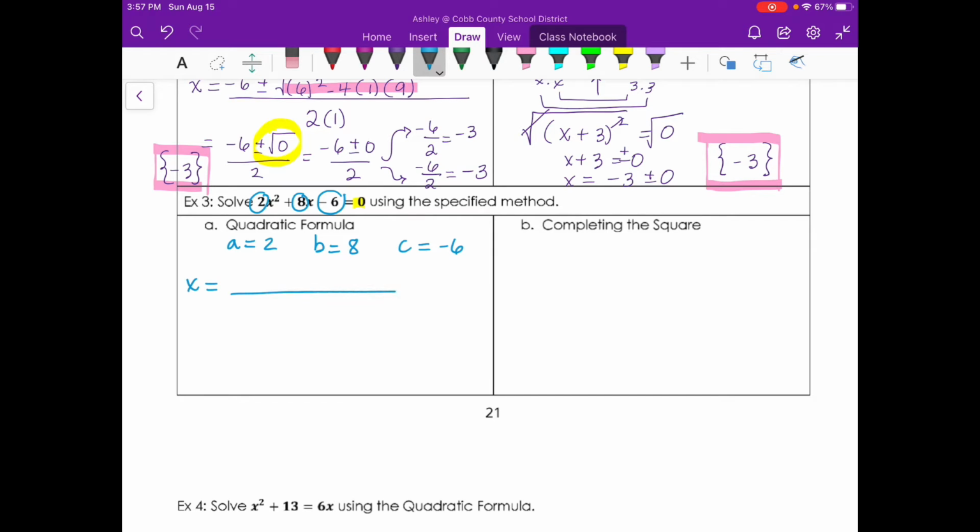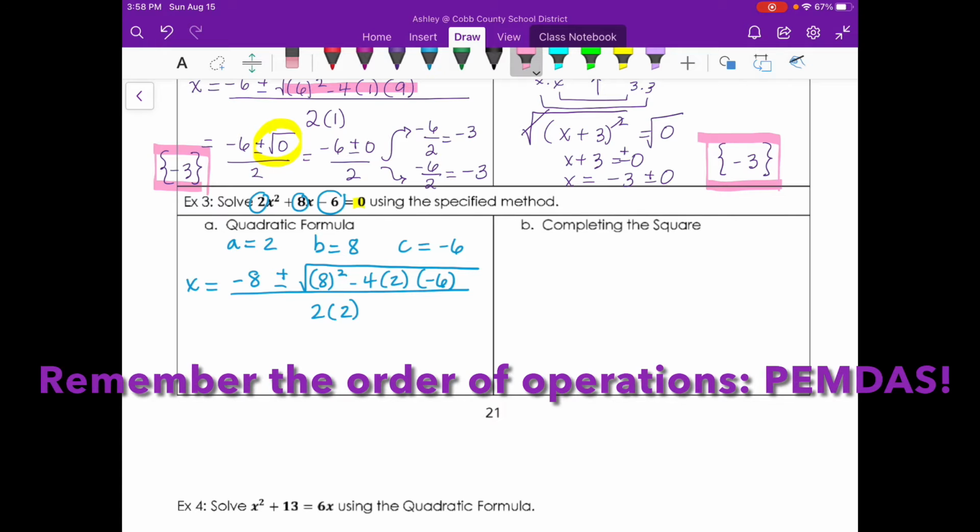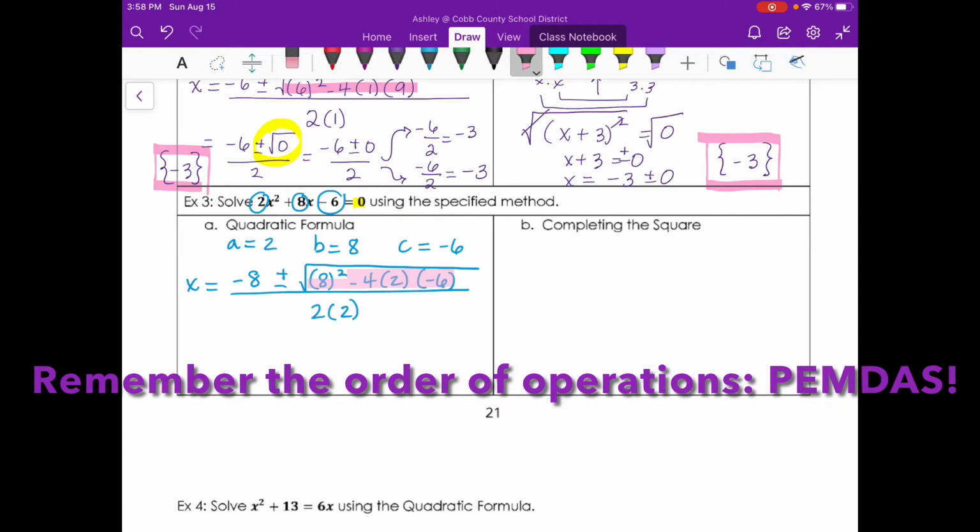X equals opposite B plus or minus big square root B squared minus 4 times A times C all over 2A. Now we want to simplify what's inside of our radical.